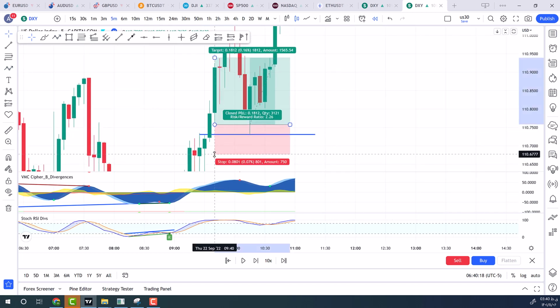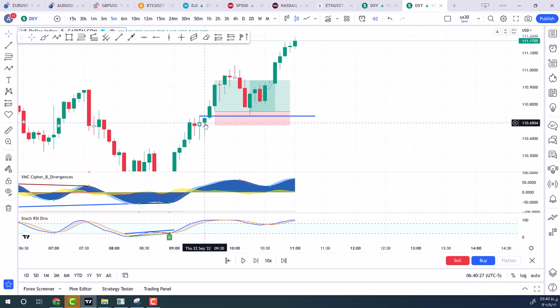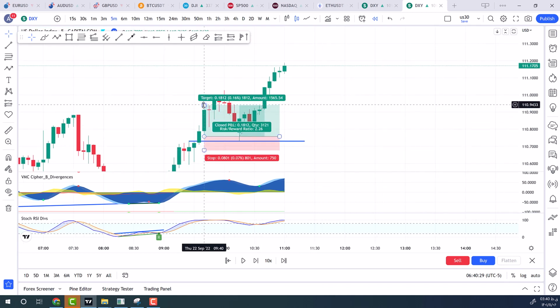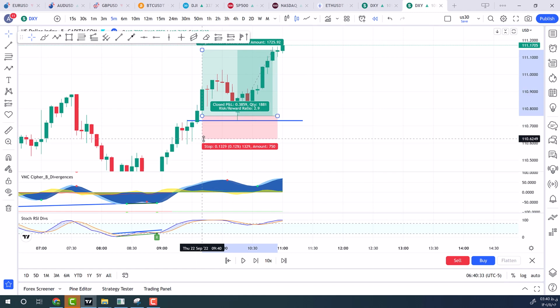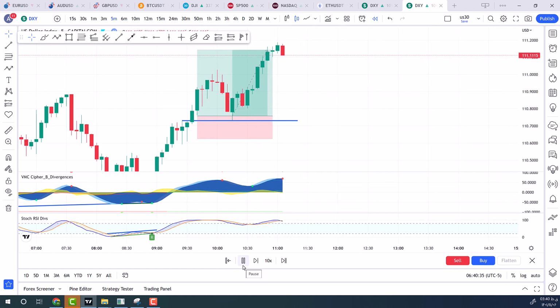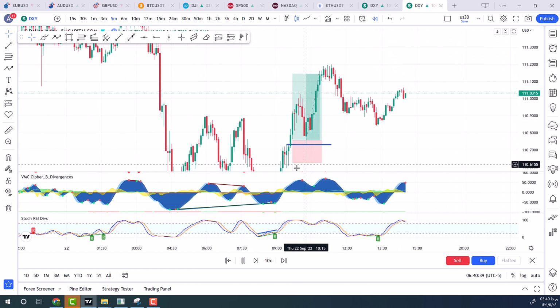So we can put our stop loss under the candle that made the imbalance or under these opening and closes right here, and either way, you are going to have a 4-to-1 reward to risk ratio. Anyway, it was a profitable trade, so we have a green box here.